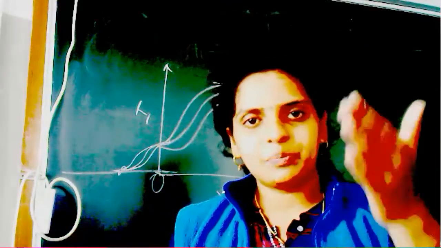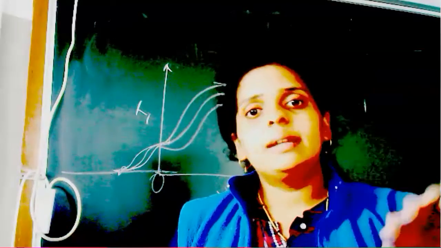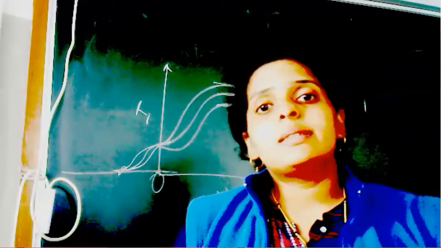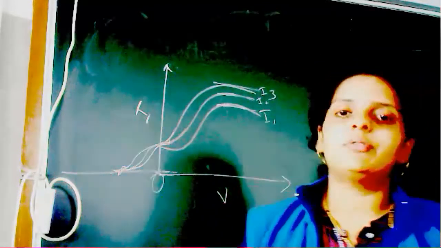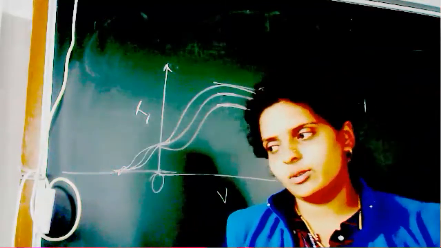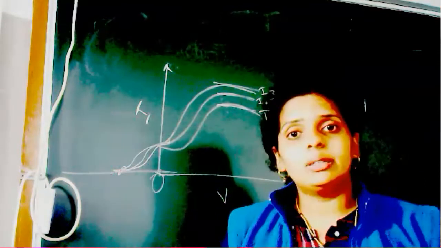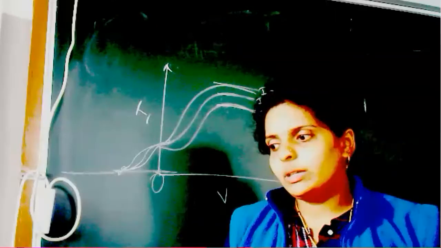So when it does not reach, you will not get any photoelectric current. Sometimes if it reaches also, it does not have the strength to give the photoelectric current. There are two reasons you can see. So this is regarding the effect of potential on the photoelectric current.